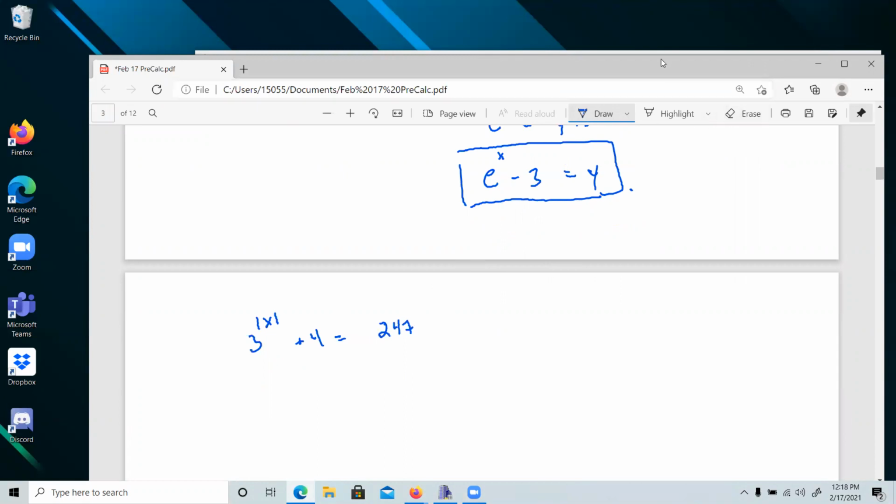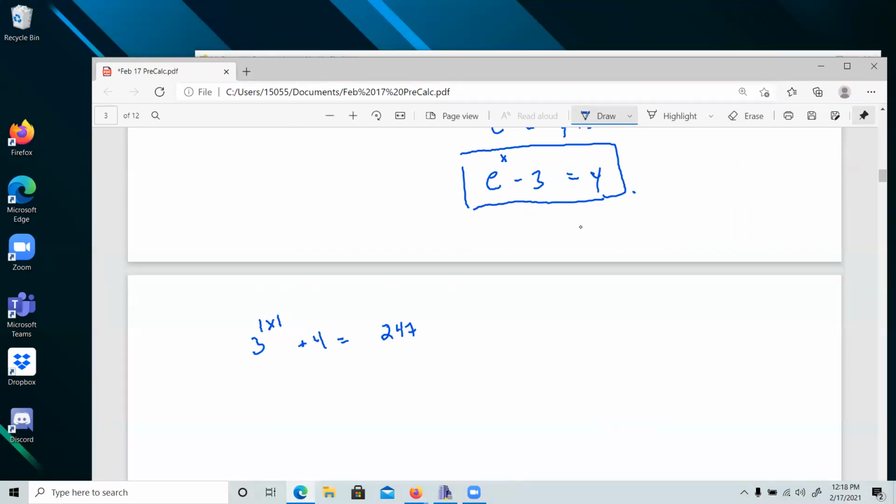So in this case, when we go back, well, actually, we're not going to have to go back and check anyway because it's an exponential function, so you don't need to check those. But both the positive and the negative side, we're going to have to deal with this. When we get to the logarithm stuff, I'll show you what happens when you break the absolute value. So subtract 4 from each side. We get 3 to the absolute value of x is equal to 243.